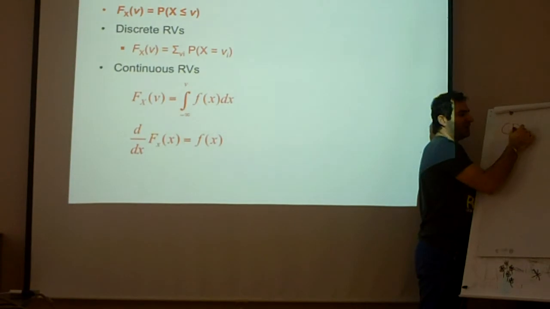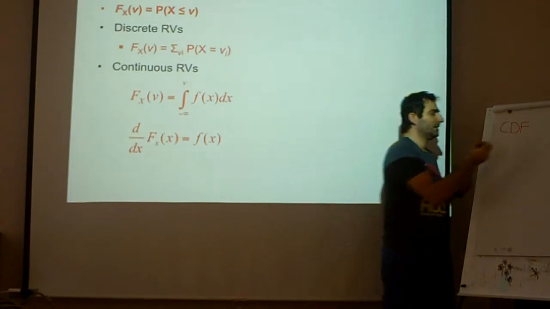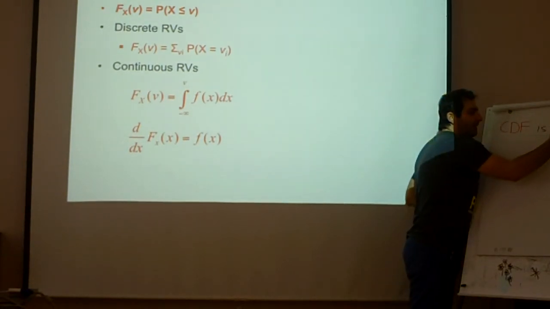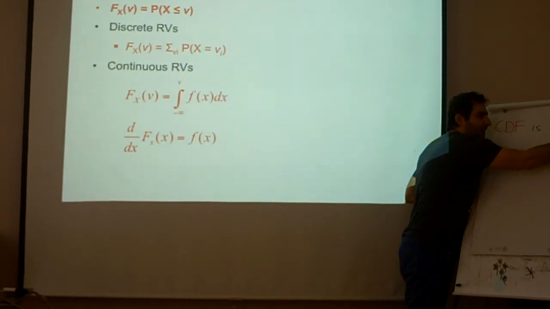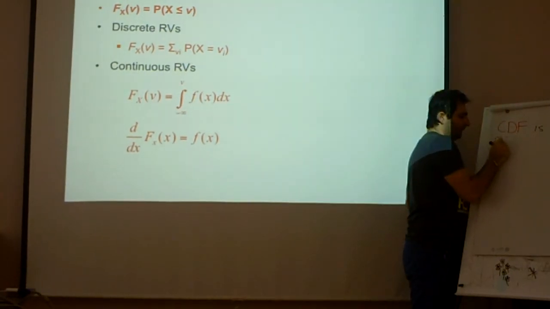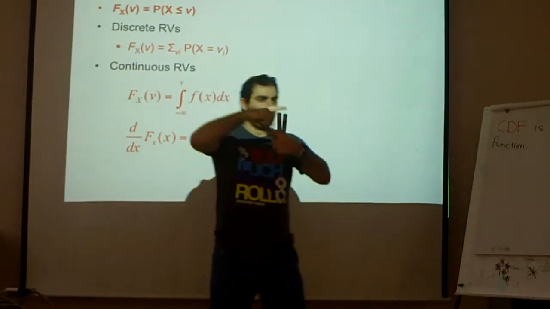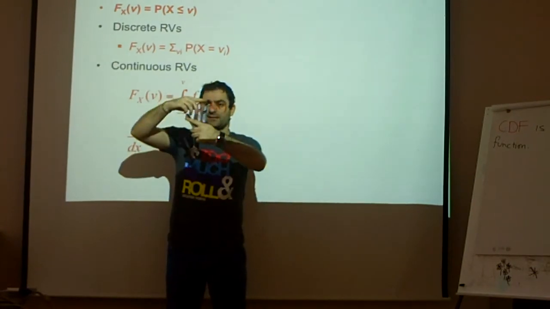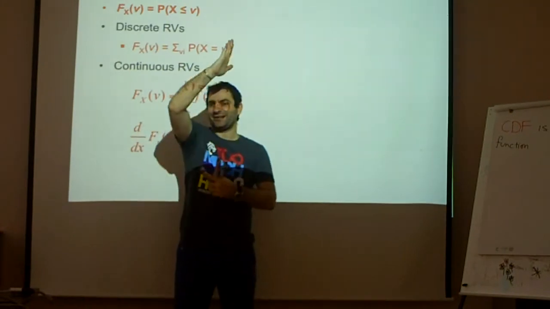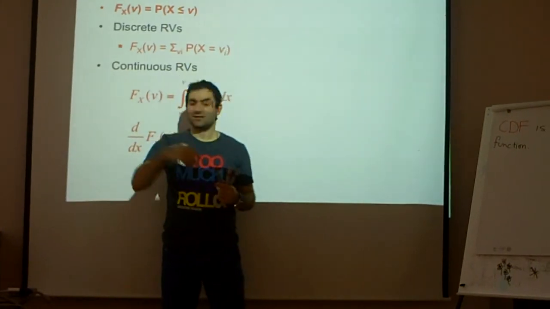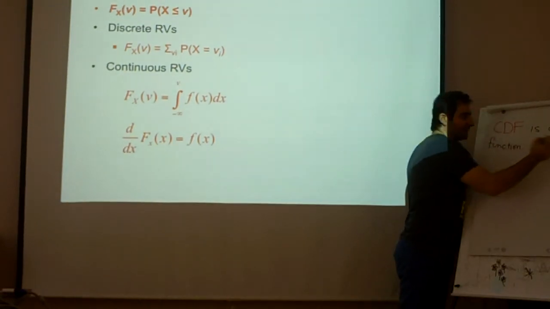CDF, I am not mentioning if it is continuous or discrete, is a non-decreasing function. In other words, we can have probability 0, so the values can be the same, or it has to increase. It is not possible to decrease.